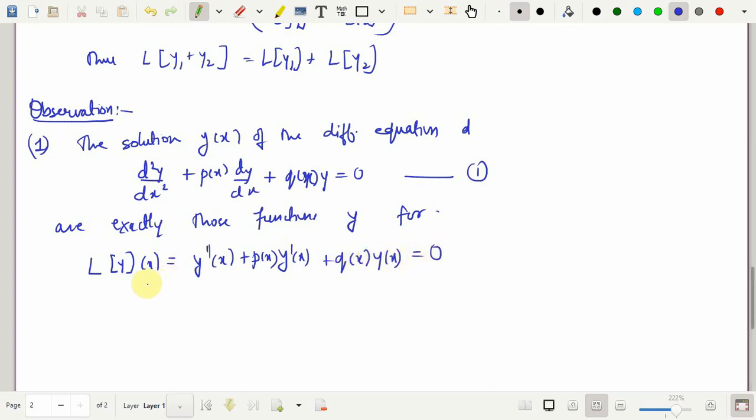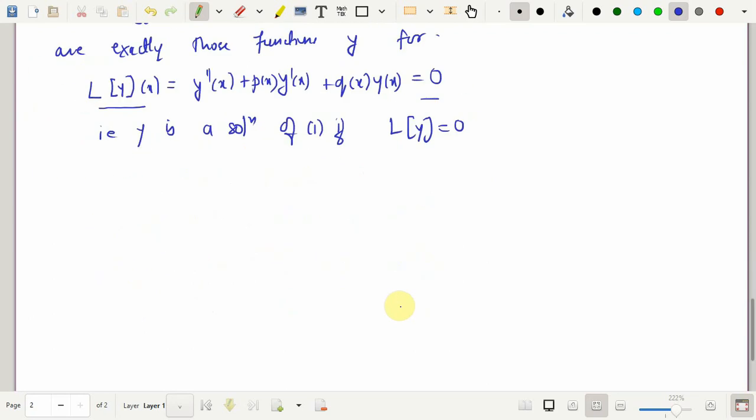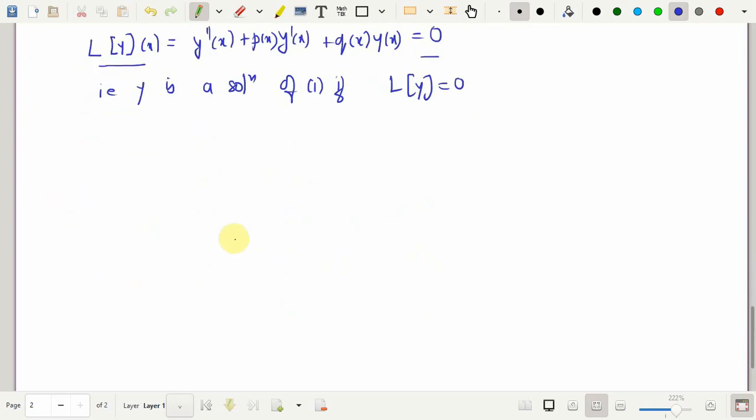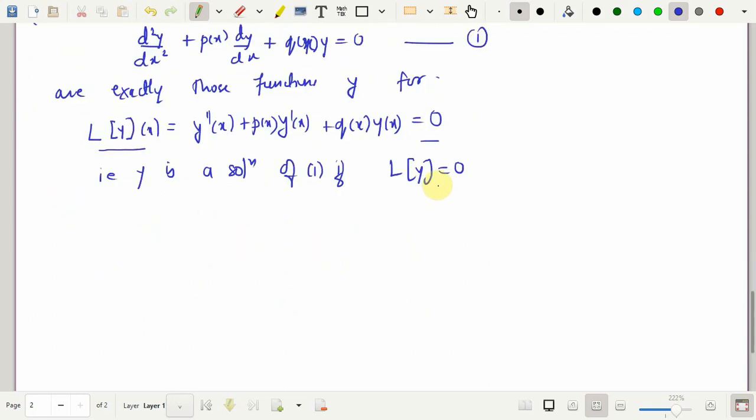So, whichever y satisfies the equation L of y equal to 0 is a solution of this given differential equation. So, y is a solution of 1 if L of y is identically equal to 0, since I am talking about the homogeneous differential equation. If it was non-homogeneous, then it would have been satisfying R of x.